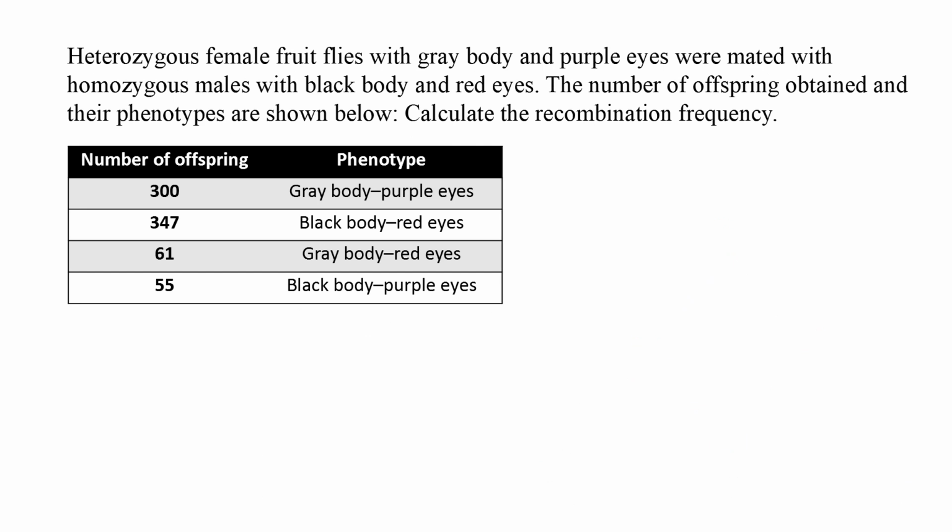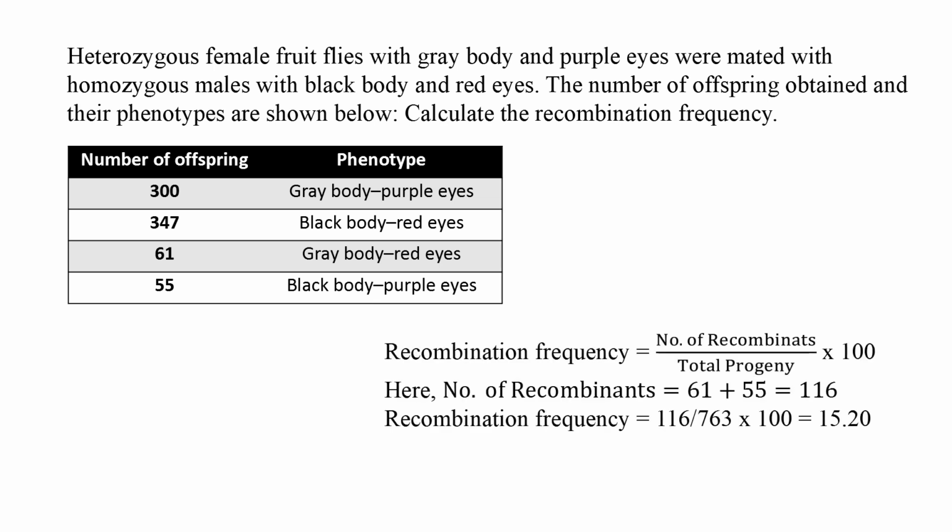Heterozygous female fruit flies with grey body and purple eyes were mated with homozygous males with black body and red eyes. The number of offspring obtained and their phenotypes are shown below. Calculate the recombination frequency. So in this case, the recombinants are grey body and red eyes, and black body and purple eyes. So the recombination frequency is equal to the number of recombinants divided by total progeny into 100.